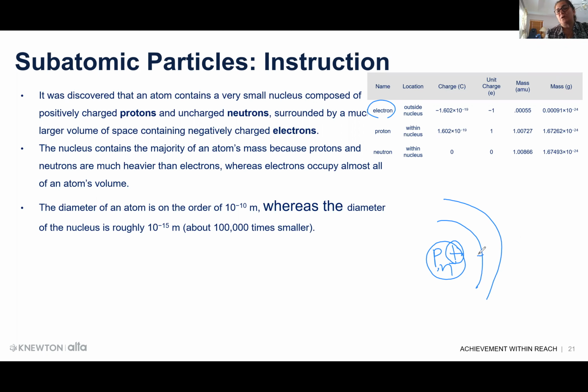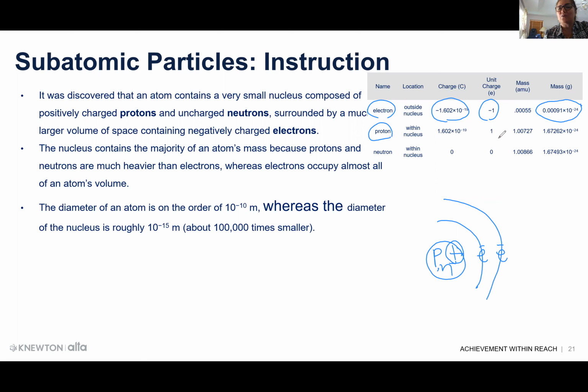The charge in coulombs is a very small charge, but the unit charge assigned is -1. So an electron has a -1 charge. The mass of the electron is also very small in grams, and they just ignore it. They say the electron has no mass.